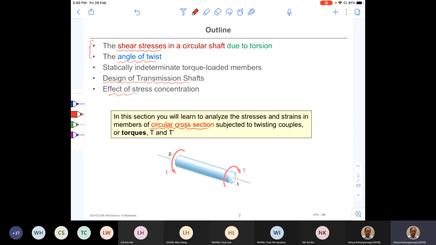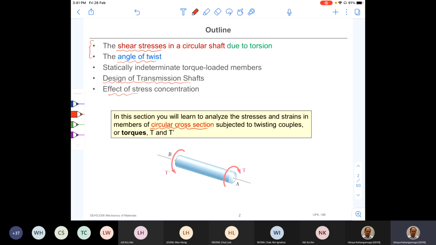That is the reason most of the theories are developed for circular members. And in applications, almost 90% of the time, whenever the major mode of loading is torsion or twisting moment, we use circular sections.